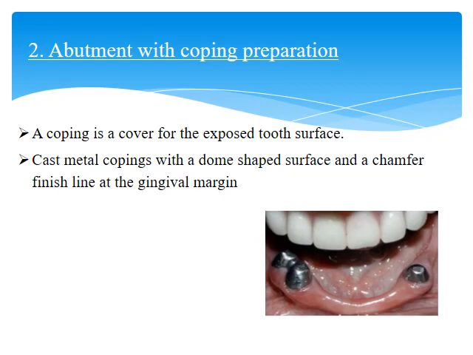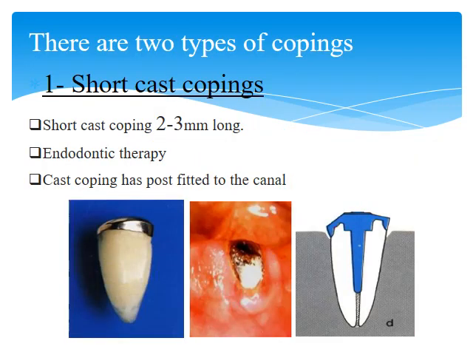The abutment with coping preparation: a coping is a cover for the exposed tooth surface, cast metal coping with a dome-shaped surface and a chamfer finish line at the gingival margin. There are two types of copings. We have the short cast coping and long cast coping.